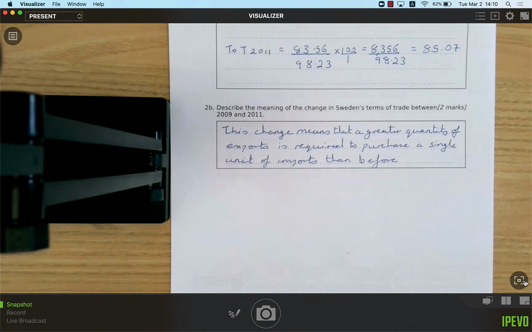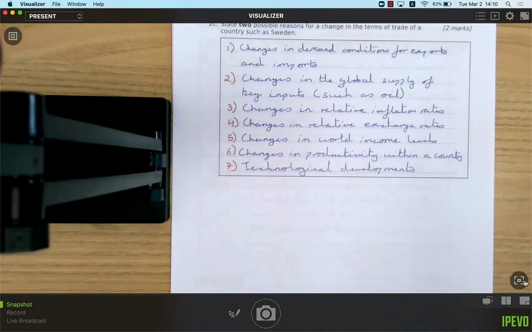So let's say they're exporting, why not, I'll slag myself off as an Irish person, potatoes. And they were giving 100 potatoes for every TV. Now they have to give 105 potatoes for every TV that they're importing. So their value of exports is now worth less compared to the imports.